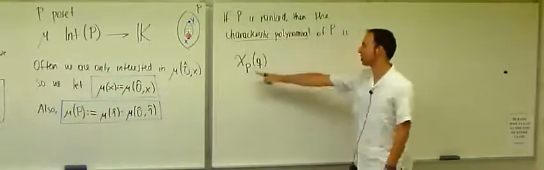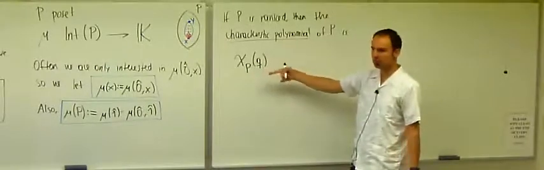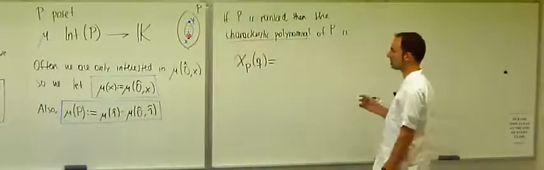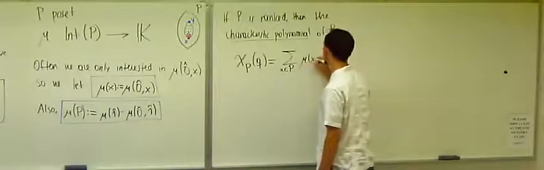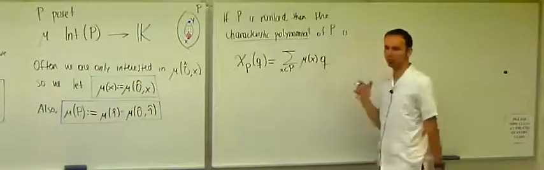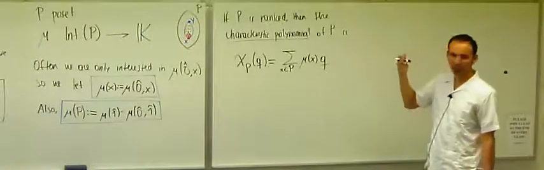And so it has the name of the poset underneath it and the name of the variable here. So maybe now it doesn't look so much like a character. What is this? What you do is that you sum over all your elements of the poset mu of the element and q to the basically the rank, except that we do it backwards.